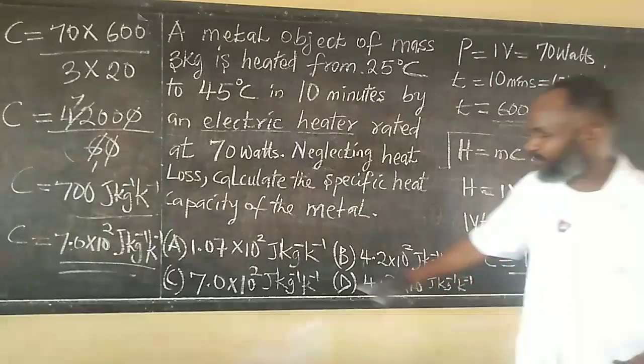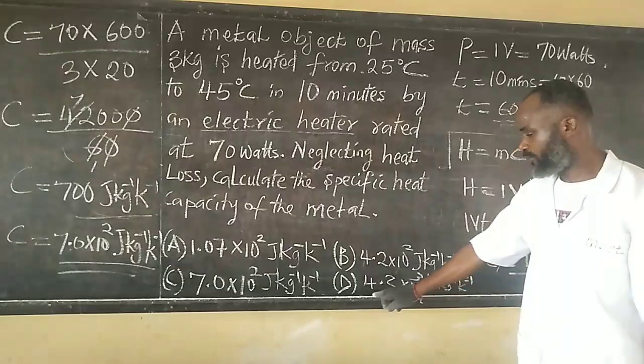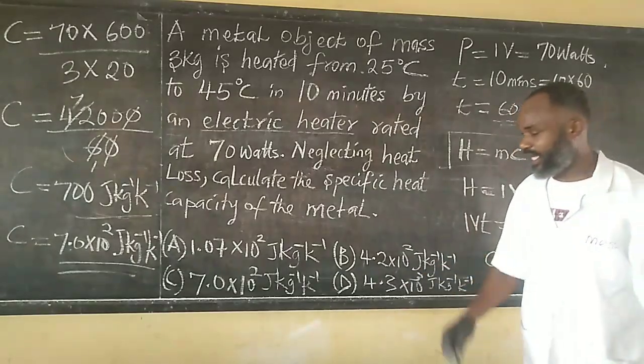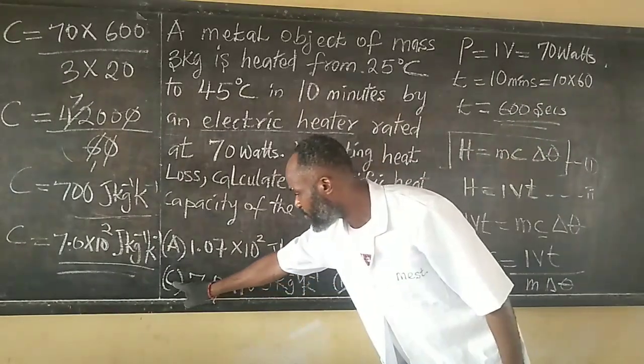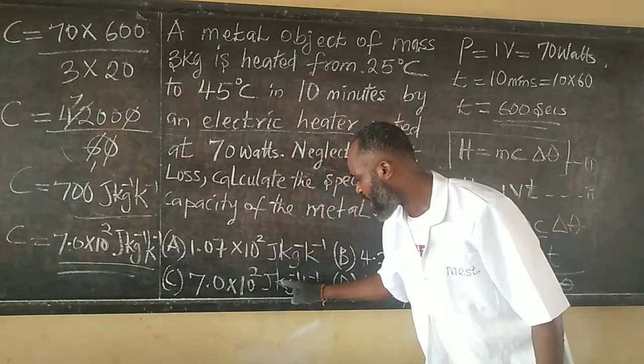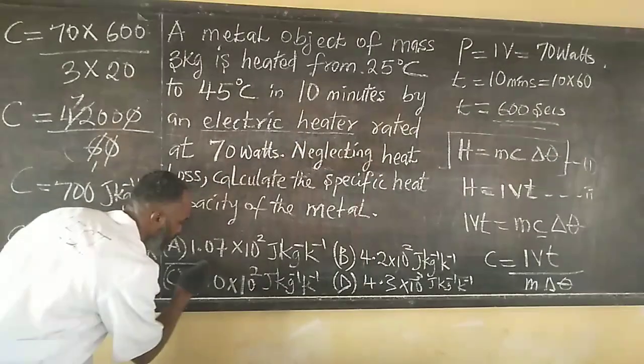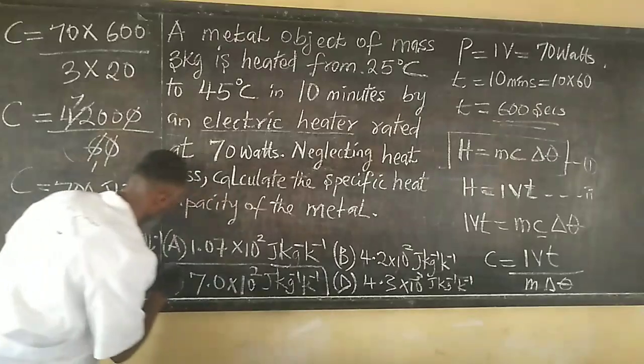Option A, 1.07, no. Option B, 4.2, no. Option D, 4.3, not it at all. And then finally, option C, 7.0 times 10 raised to power 2 joule per kilogram per Kelvin. Good. So our best option here is this.